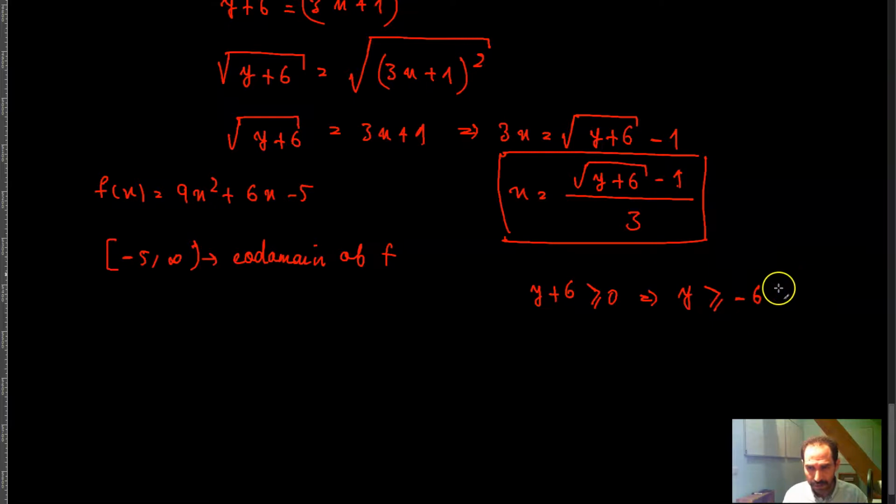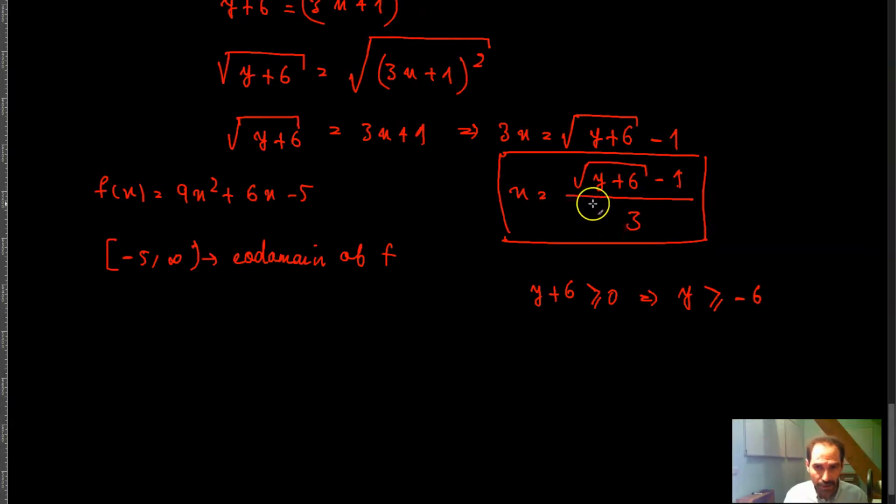So since y is greater than or equal to negative 6, and here we are talking about y's from negative 5 to infinity, then all of these y's are actually allowed to be input here. You have no problem with that.